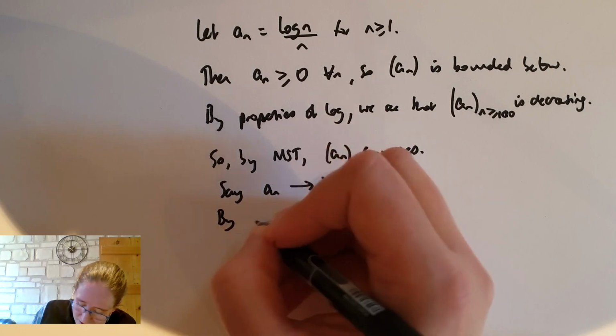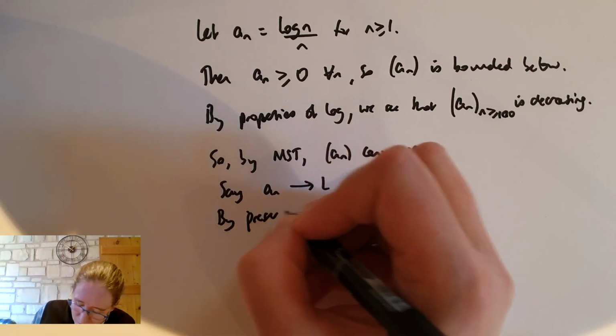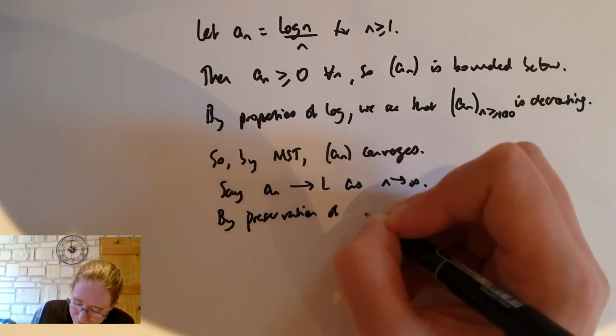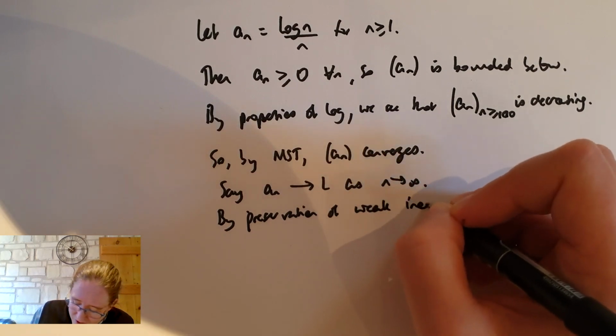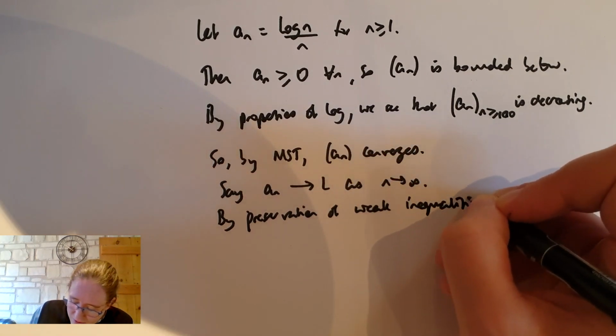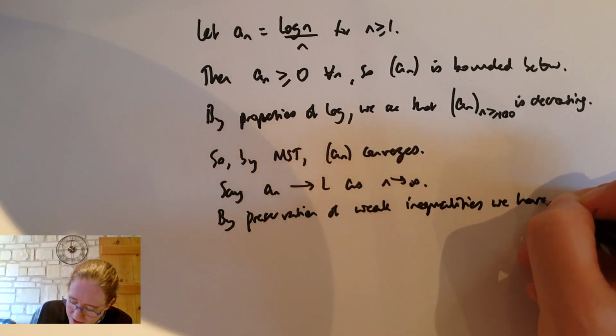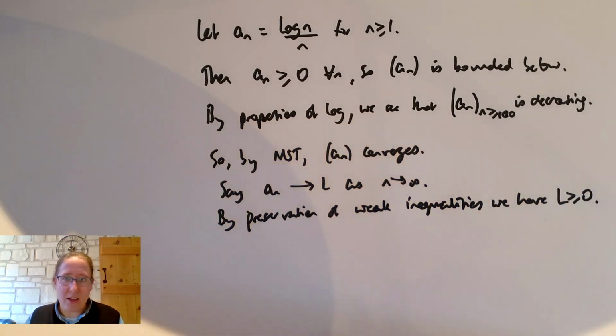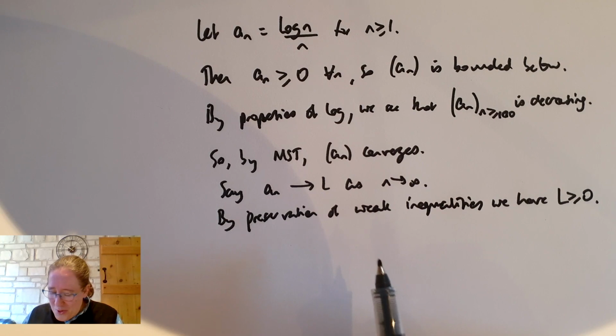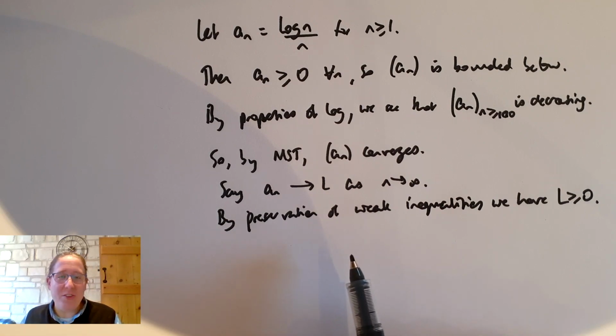And then certainly by preservation of weak inequalities, we know that all the terms of the sequence are non-negative. And so we know that L is non-negative. And we want to cook up some kind of recurrence relation, a little bit like the way in the previous example we could argue that a_{n+1}, we could find two ways to study the limit of that.